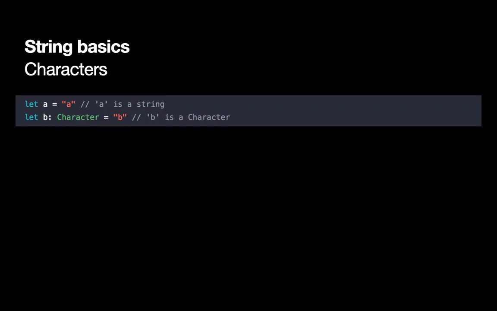That means if you define the data type for the constant or variable, it will be treated as it is. If not, then in the double inverted commas it will be treated as a string. So this is the difference: let a is equal to a is a string, and if the data type is Character, then b is a character.